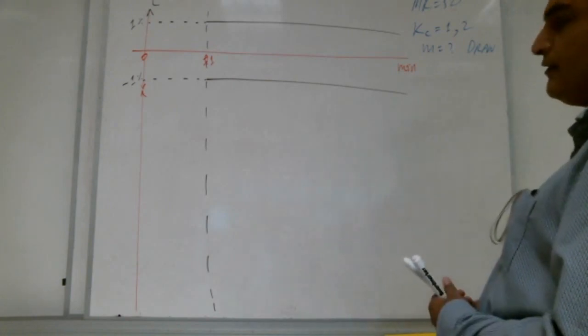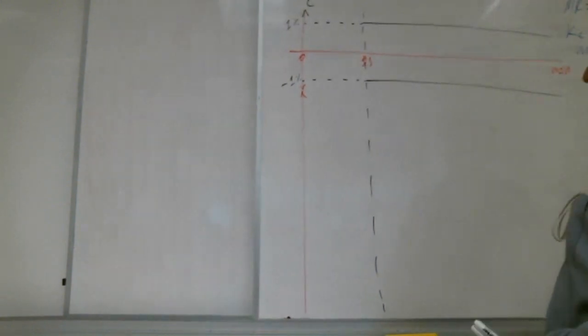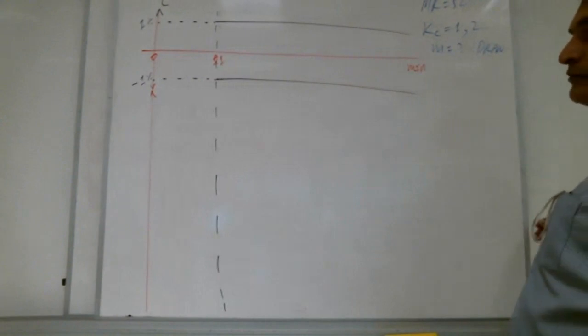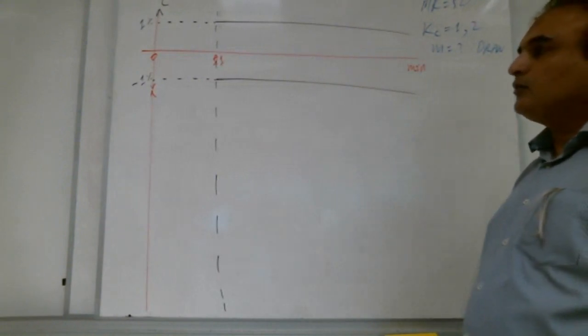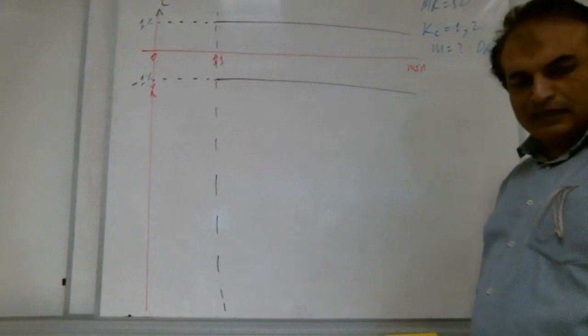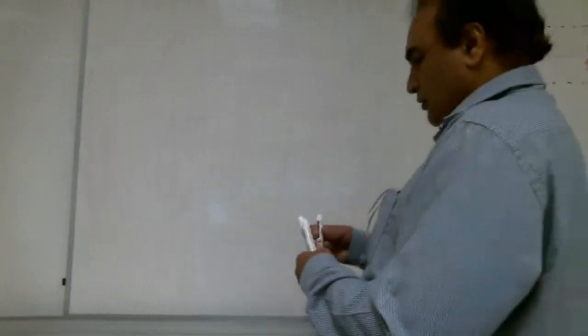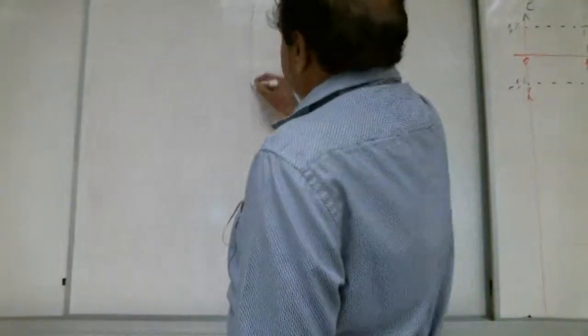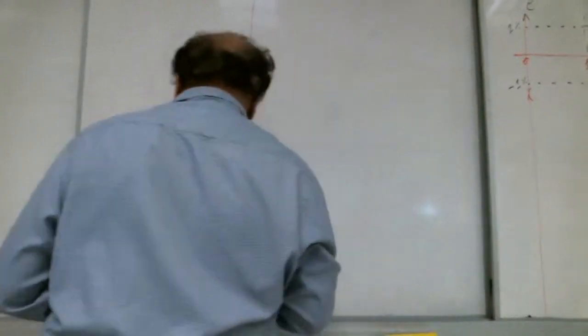Think again. Whenever we are talking about the parts, we are talking about the time and change. From 0 to t1 and from t1 onward. So we will draw a line here.